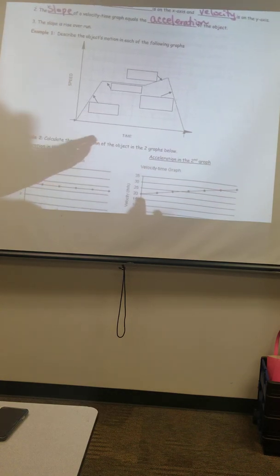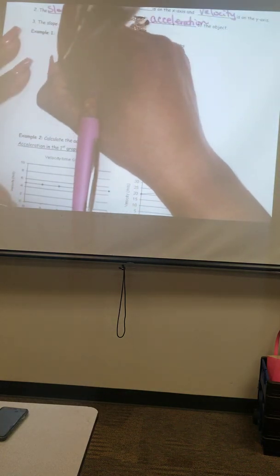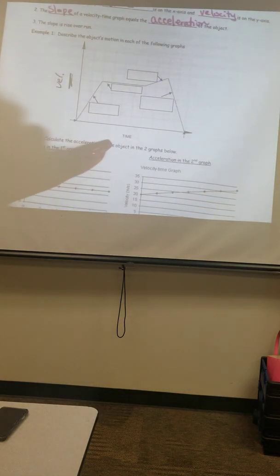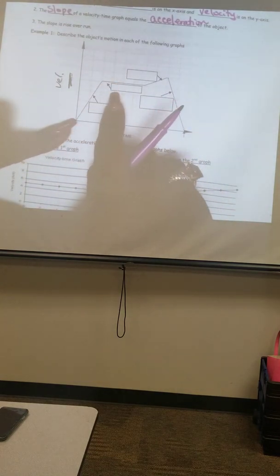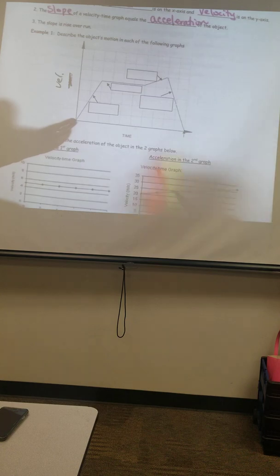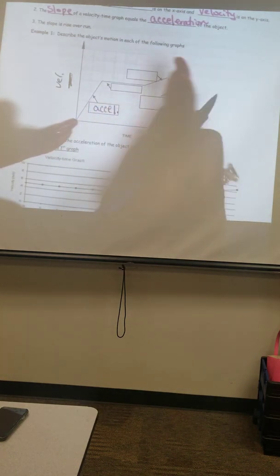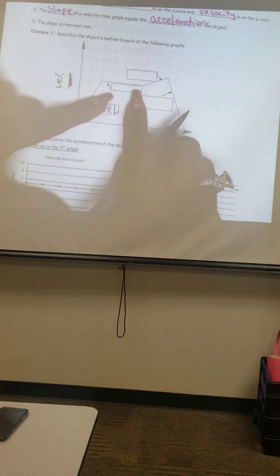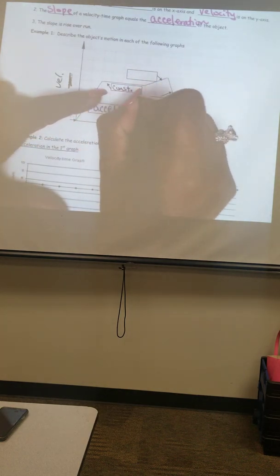VT graphs, which, forgive me, that should say velocity. If I have an upward slope direct relationship line, that means that my object is accelerating. If I have a flat line, that means my object is moving at a constant speed.